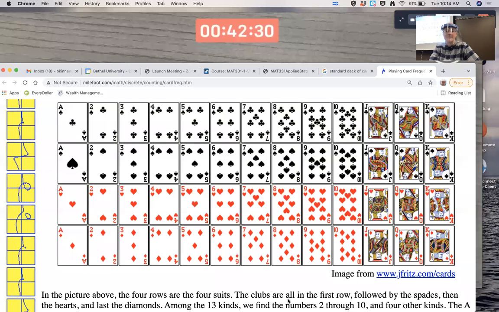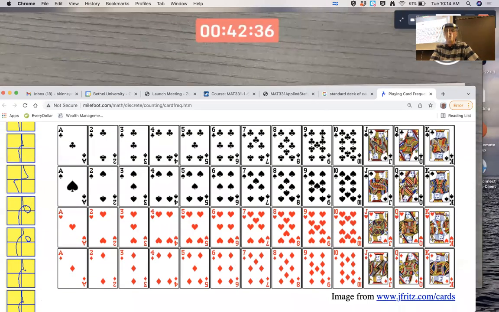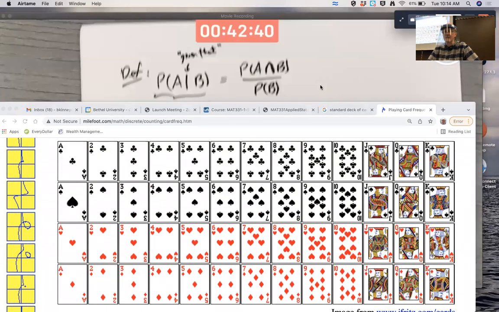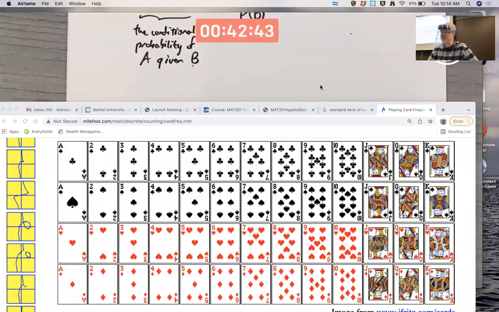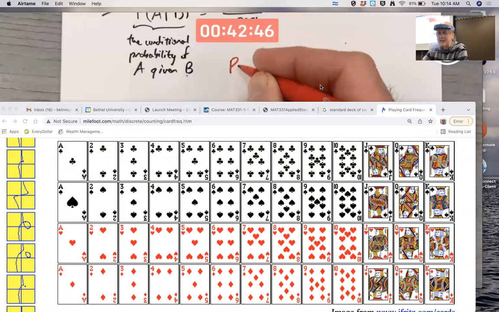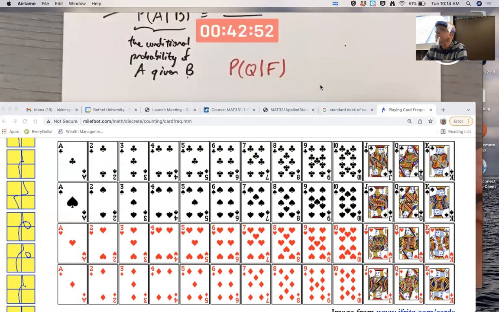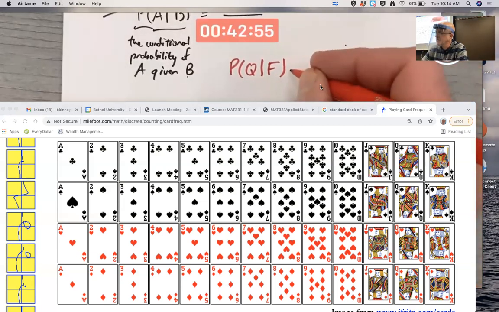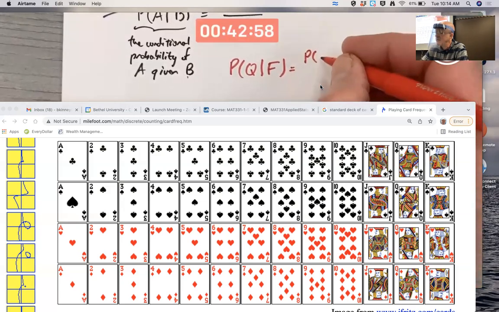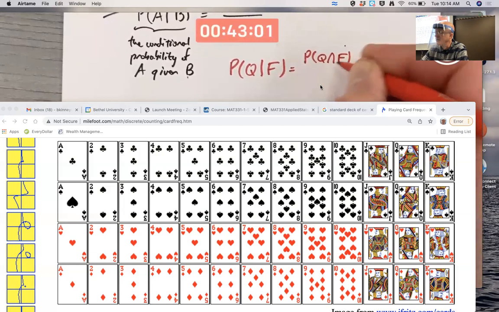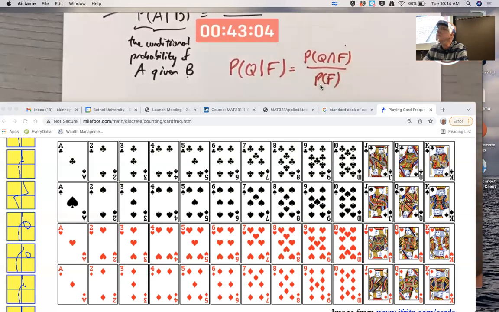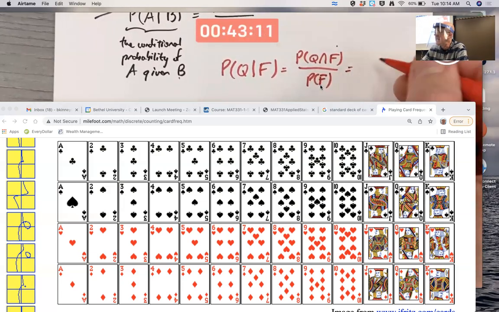If you go back to the example here, the one I just talked about, the conditional probability that it's a queen, given that it's a face card. This formula says the probability of the intersection of being a queen and a face card, divided by the probability of being a face card. Now, this example is a little funny in that every queen is a face card.